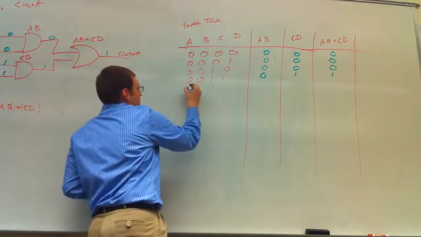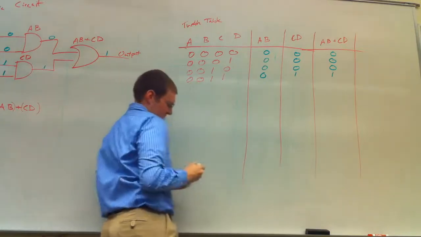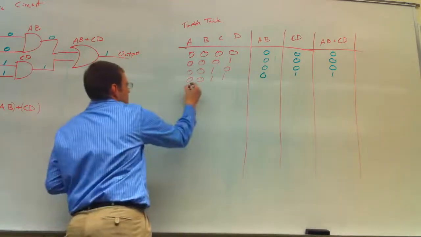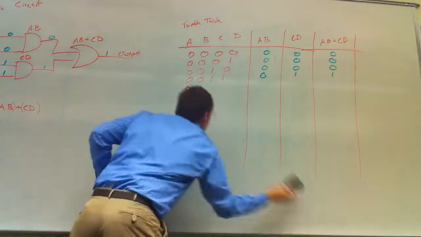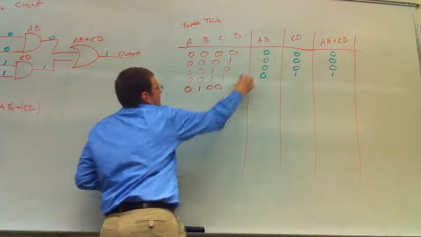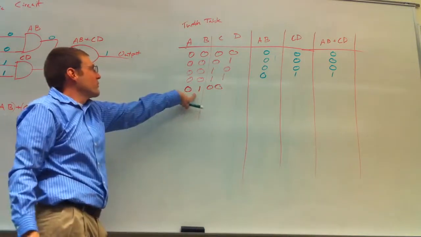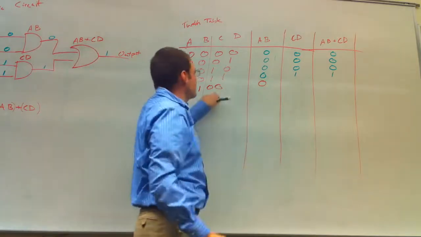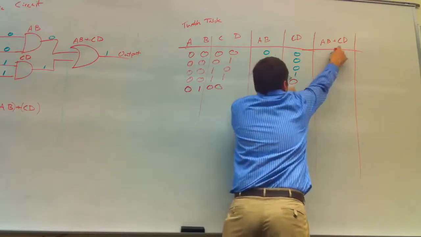So then if I go A, B, we draw a line down the middle. 1 ANDed with 0, still 0. 0 ANDed with 0, still 0. 0 ORed with 0 is 0.